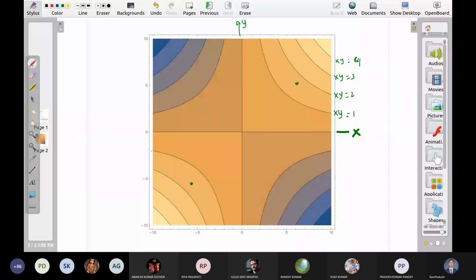Here x and y both are positive, that's why the product is positive. On this side, x is negative as well as y is negative. This is xy = 2, xy = 3. And here you can see other colors. Why? Because here xy is -1, it is -2, it is -3, -4, and the same on this side.